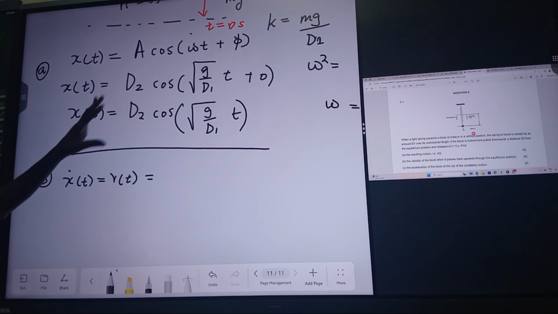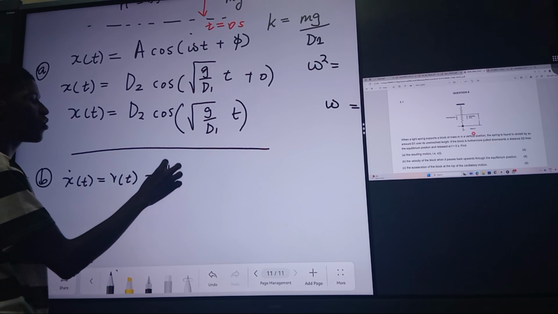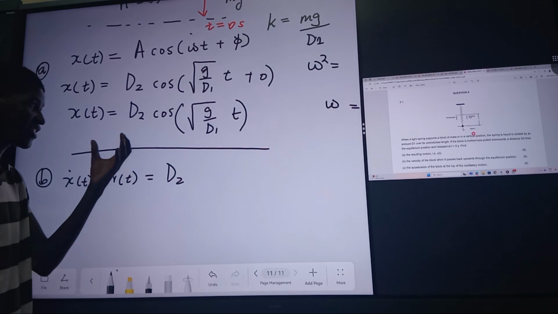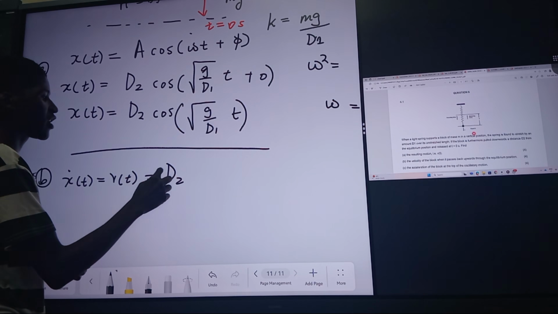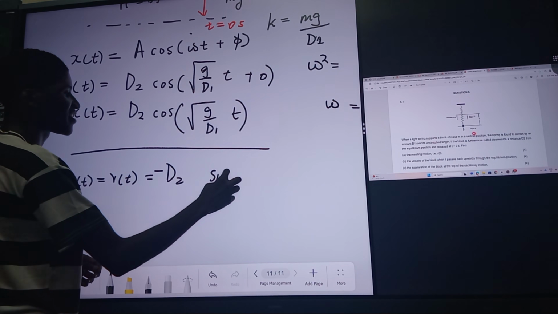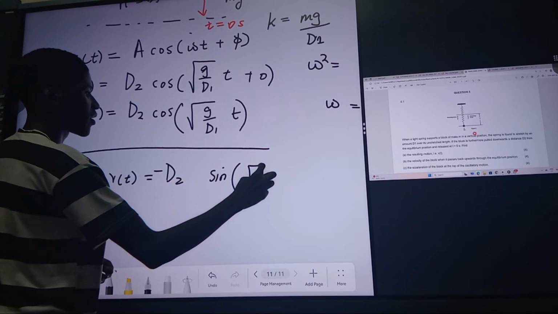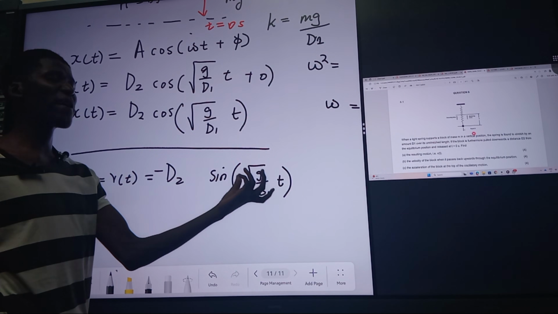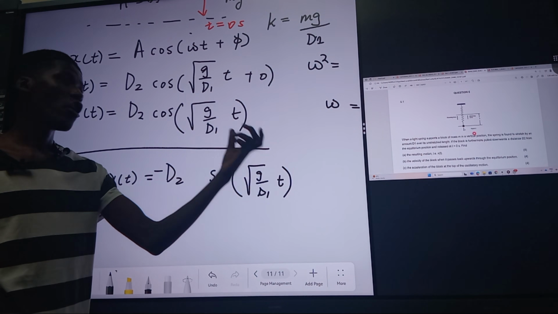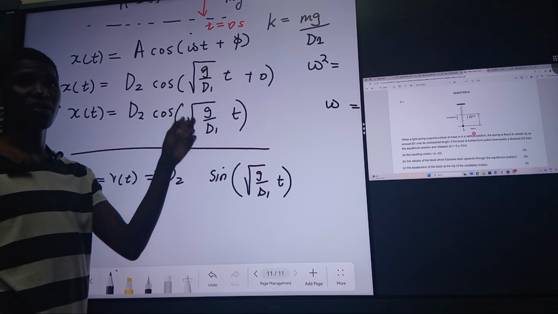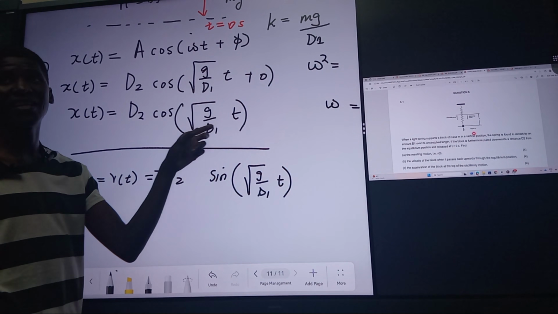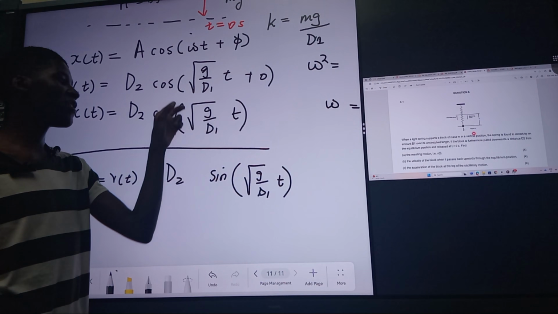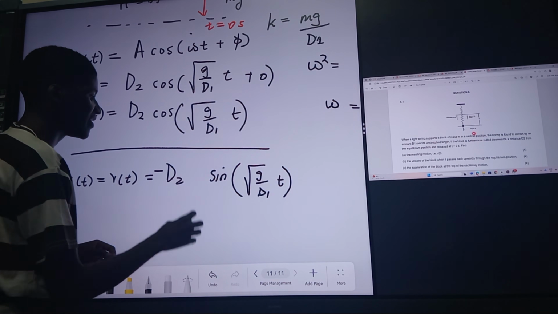If we derive this, d2 is a constant amplitude, and deriving cos you get negative sine of the square root of g over d1 t. And you multiply by what's inside. Remember the chain rule. We are deriving with respect to t.